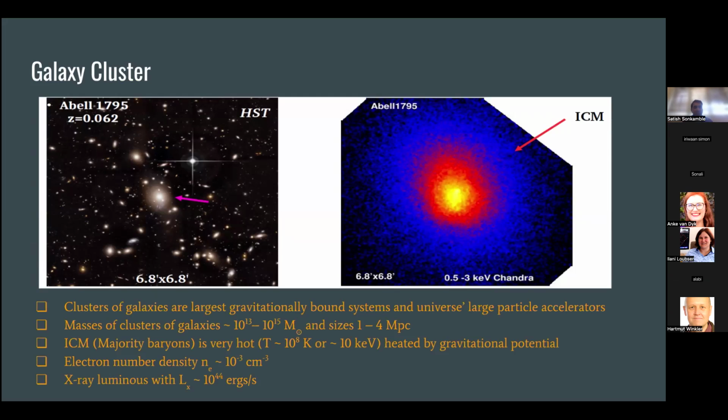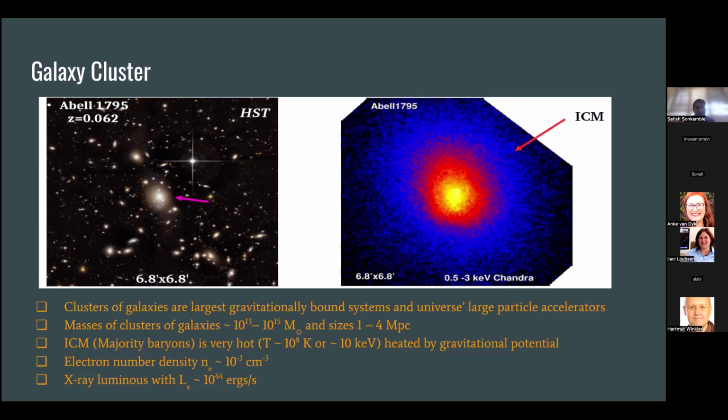If you see a galaxy cluster in optical, it looks very red and dead. Centrally, one galaxy called a BCG, or central dominant galaxy, sits in the deep gravitational potential, and it looks very red and dead, with little star formation.